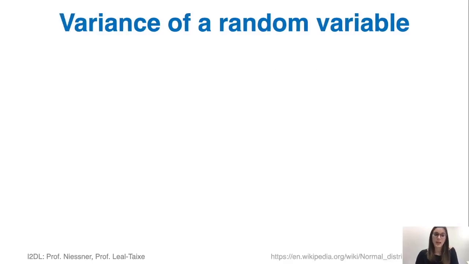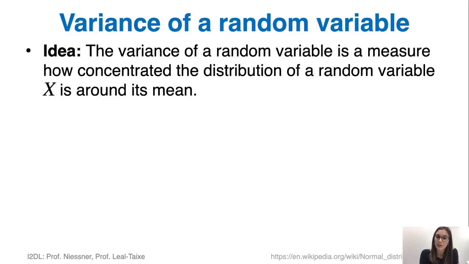Okay, so now we want to have a look at the variance of a random variable. The idea of the variance, roughly speaking, is just to measure how concentrated the distribution of a random variable x is around its expectation or mean. Expectation and mean is just the same. So you want to know how dense it is around its mean and how much it's spreading.